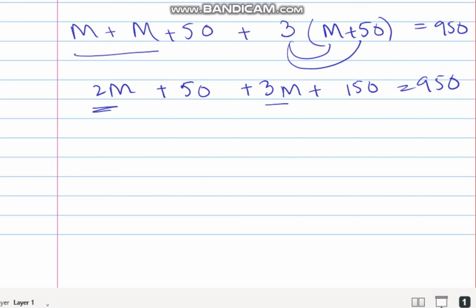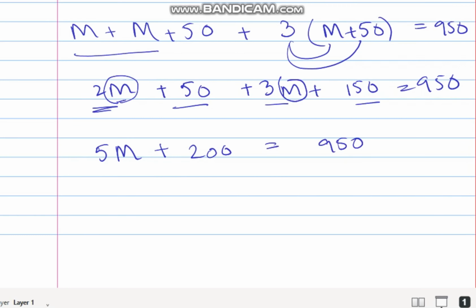Please add the coefficients with the same variable. What is the variable here? The variable is M, as I told you before in the chapter on equations. So 2M plus 3M will be 5M, and 50 plus 150 will be 200, equal to 950.